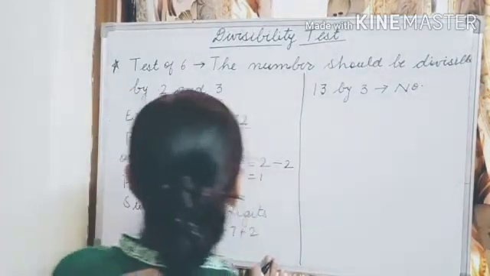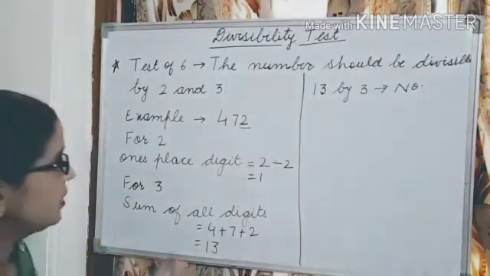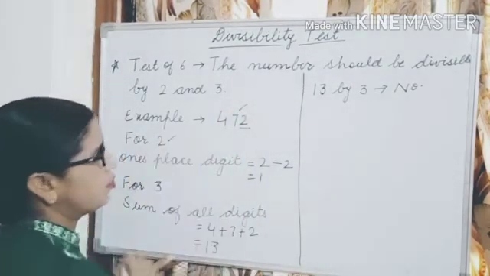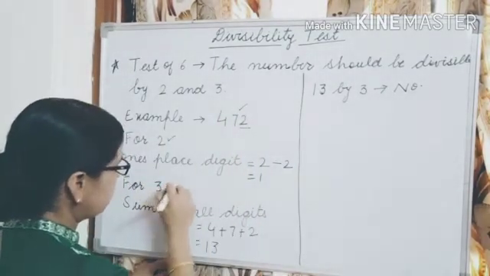Then what can you see? This 472 is divisible by 2, but it is not divisible by 3.